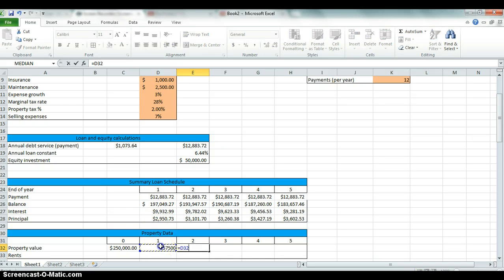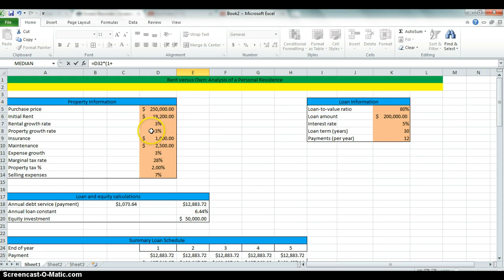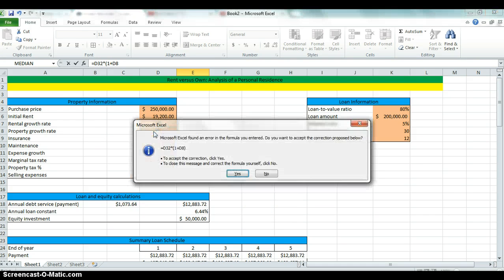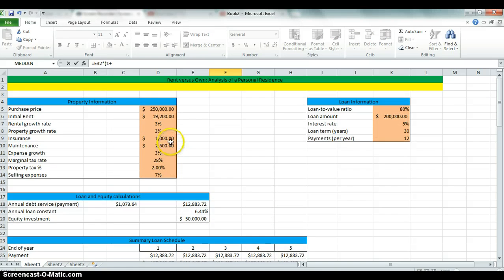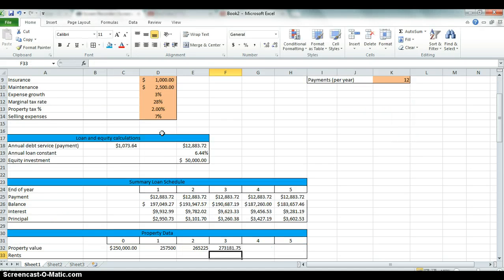So for year 2, we'll have year 1 times 1 plus property growth rate, which is 3%. Don't forget to put your parentheses. So for year 3, year 2 times 1 plus the growth rate, and so on for year 4 and year 5.